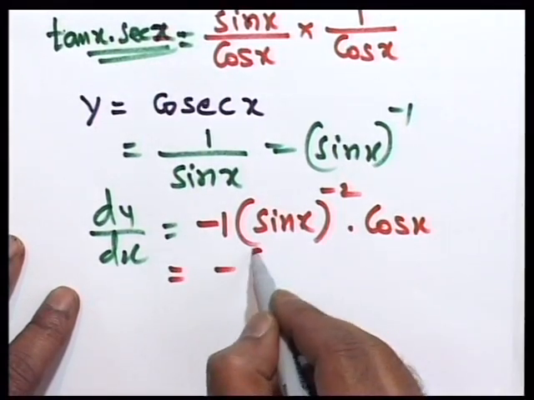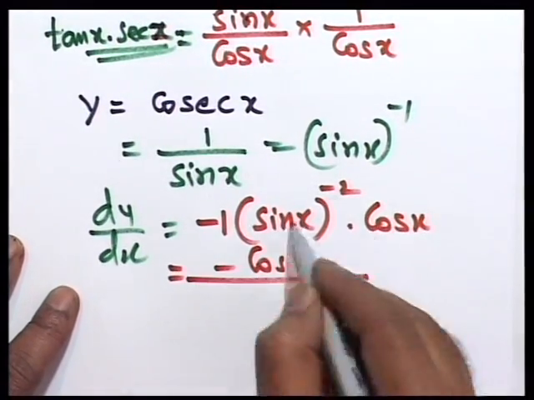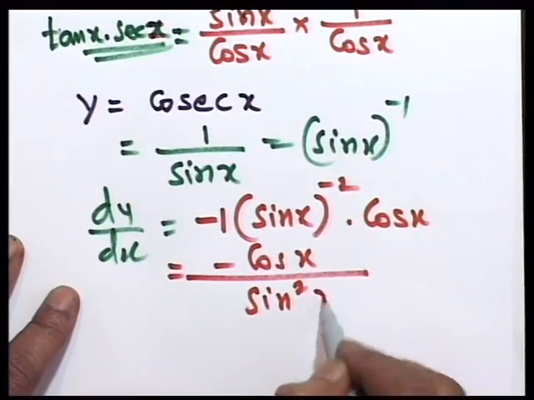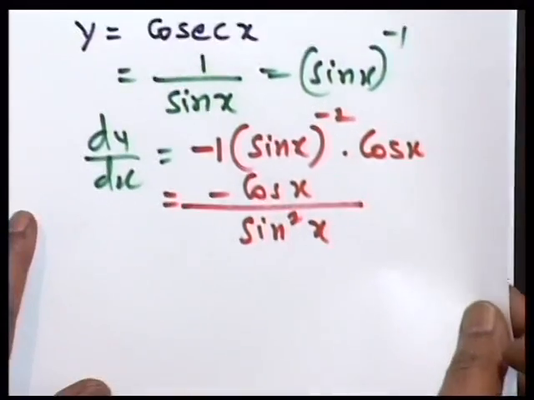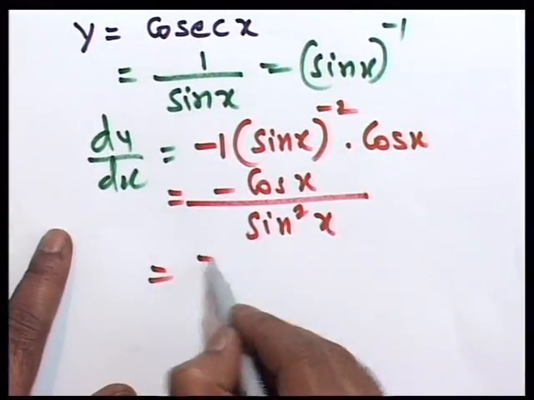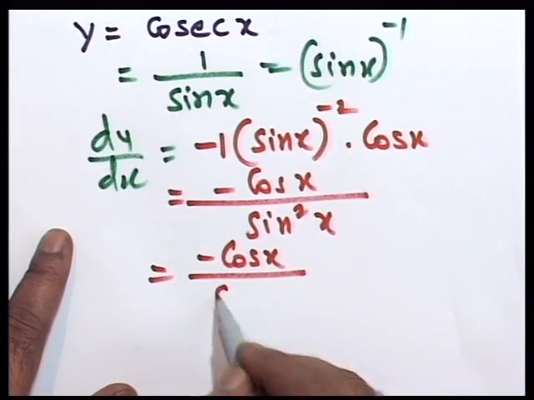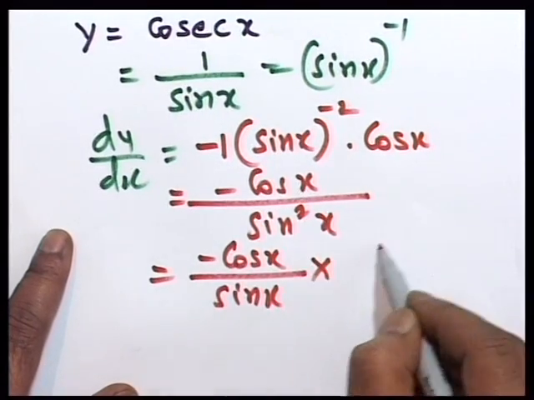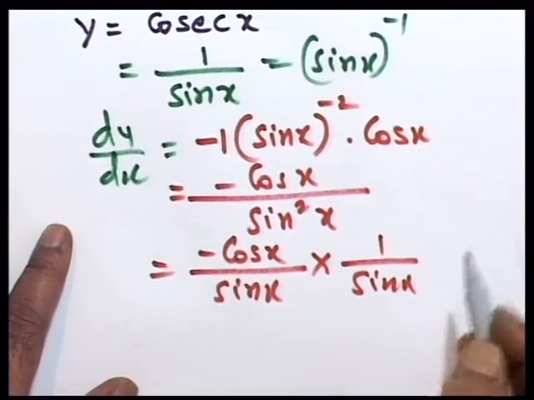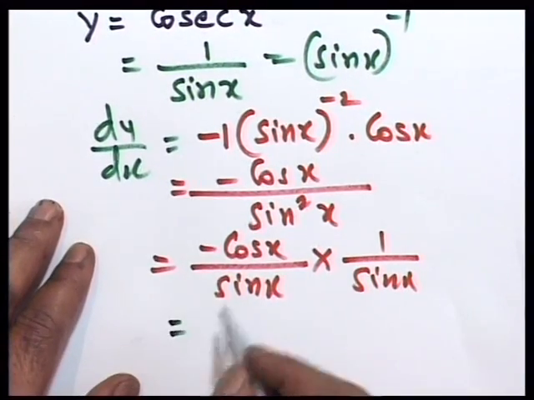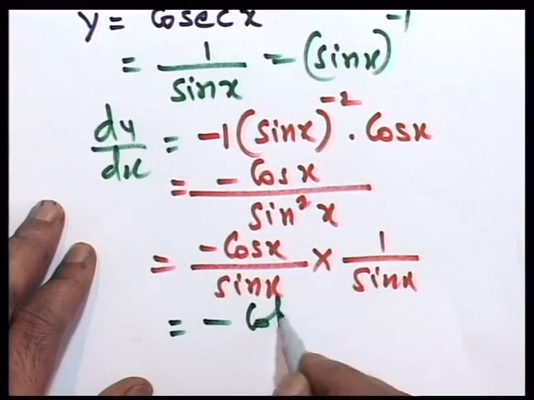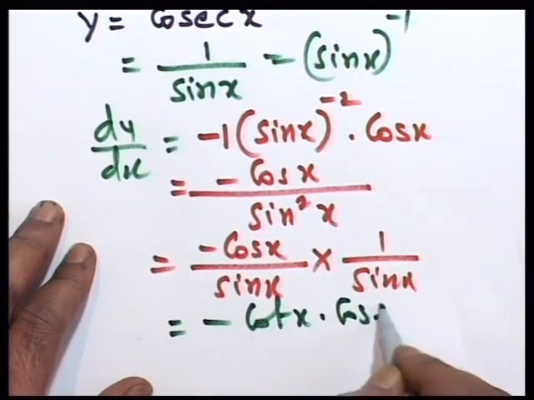So we have minus cos x divided by sine square. If you take that to the denominator and split again as minus cos x over sine x multiplied by 1 over sine x. So in the end, you're supposed to have minus cot x times cosec x.